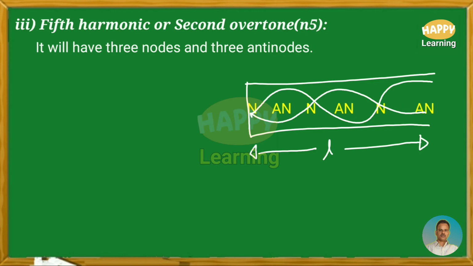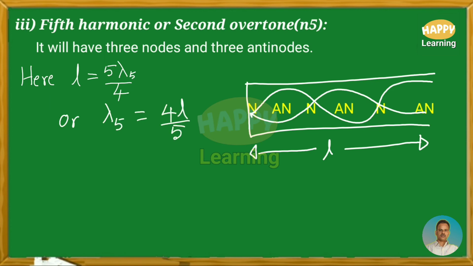So altogether there are 3 nodes and 3 antinodes. So in total here we have 2.5 loops. Half loop is equal to lambda by 4. Therefore here we can write L is equal to 5 lambda 5 by 4, or lambda 5 is equal to 4L by 5.